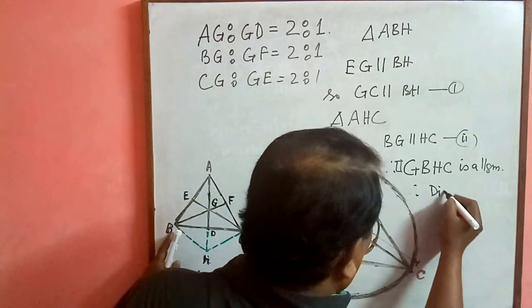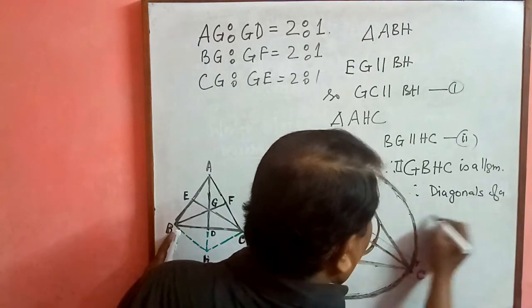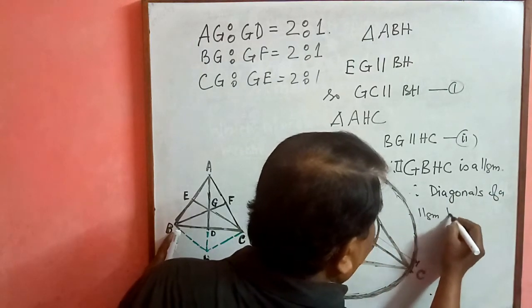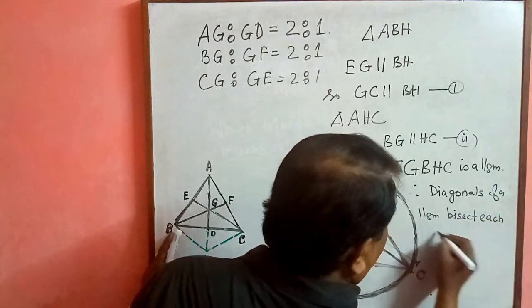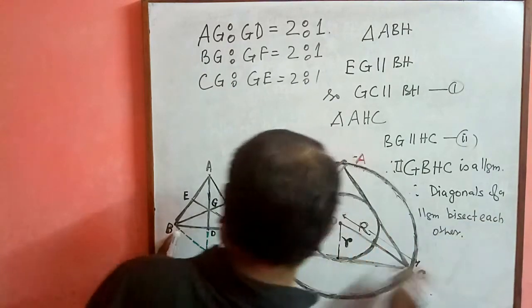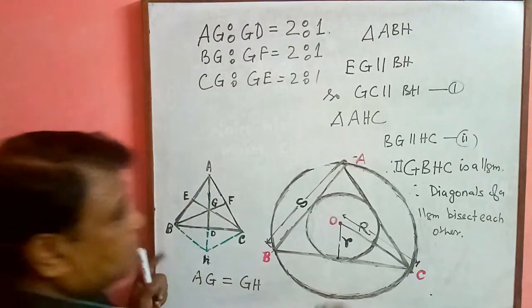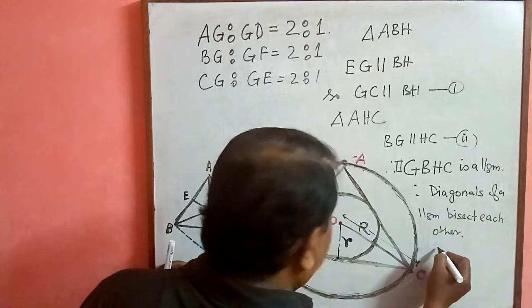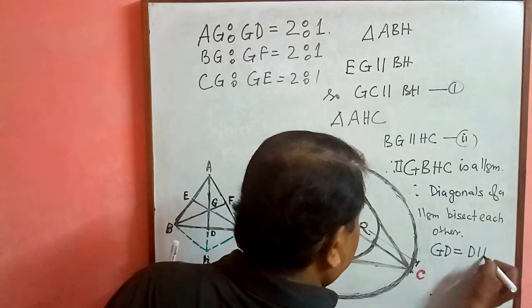Diagonals of a parallelogram bisect each other. This implies GD is equal to DH.